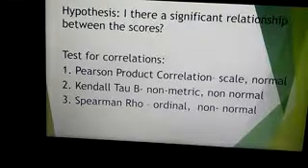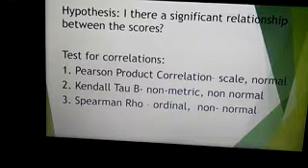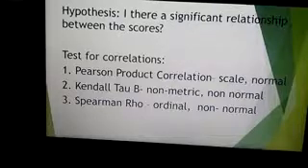If the data are non-metric and non-normal, we will use Kendall's tau-b. And if it is ordinal and non-normal, we will use the Spearman rho. I'll give you an example on how to use SPSS when conducting correlation.